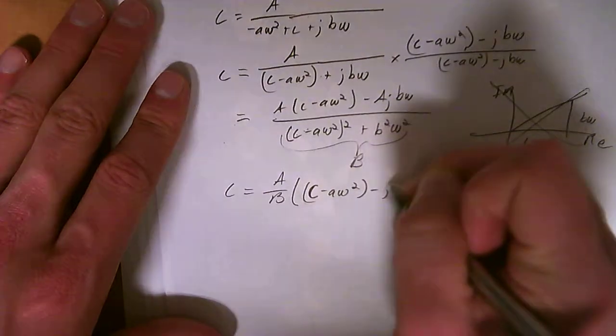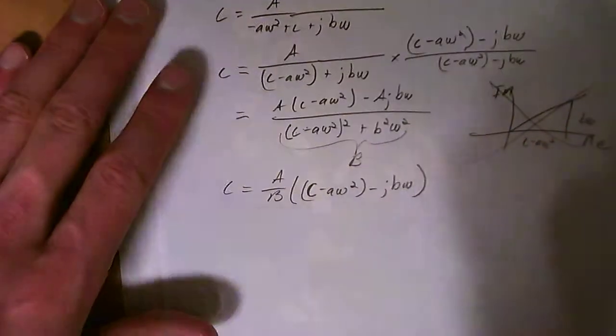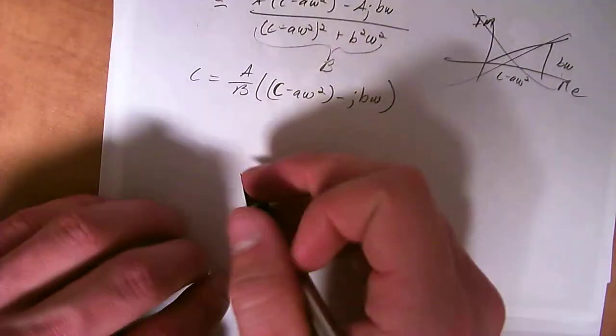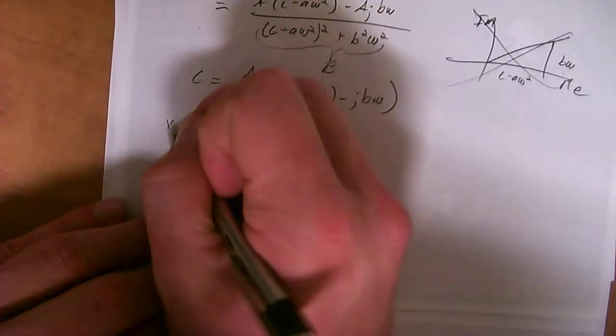So then C is equal to A over B times C minus A omega squared minus j B omega.